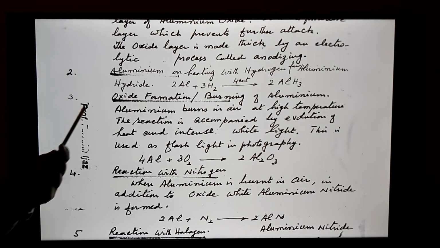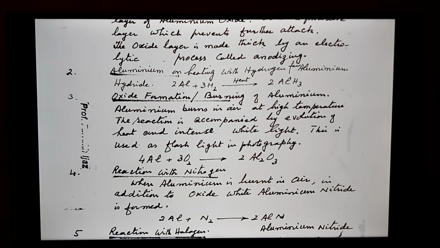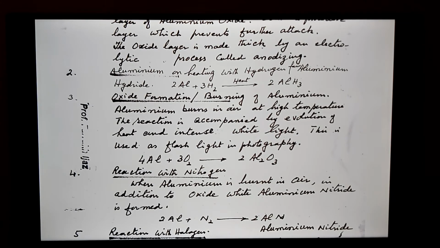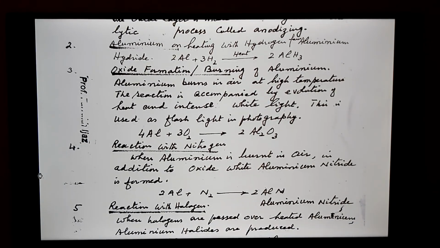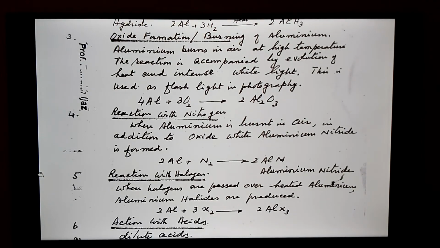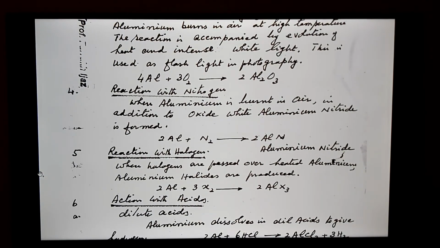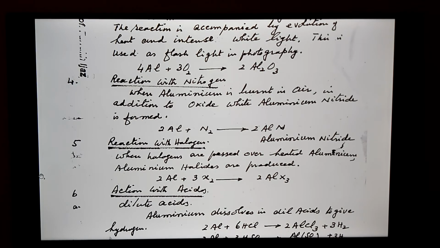Then next is reaction with nitrogen. When aluminium is burned in air, in addition to oxide, white aluminium nitride is also formed because nitrogen is also present along with oxygen. So nitrogen also reacts with aluminium to produce aluminium nitride, which is white in color.